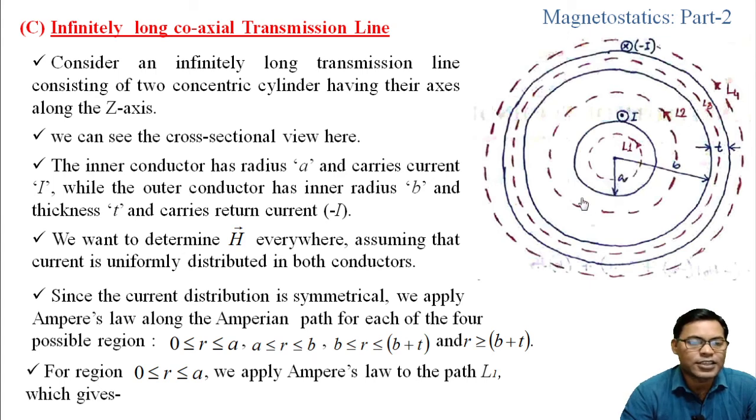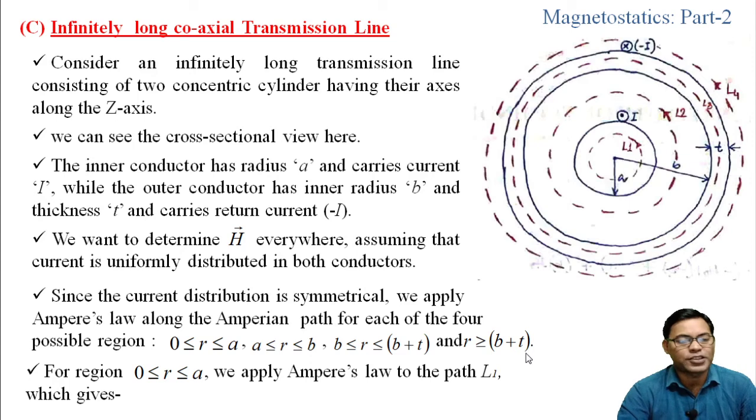If the radius of the Amperian path varies from a to b, what will be the magnetic field intensity? Or if it varies from b to b plus t for this strip, we need to find out the magnetic field intensity for this case 3 also. And the last one is R greater than or equal to b plus t.